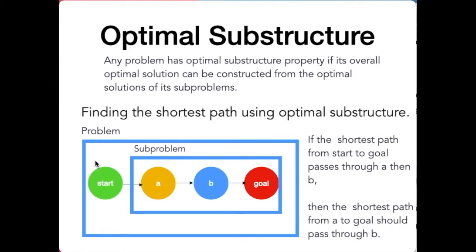And if the shortest path is start, then A, then B, then goal, and we change the problem to from A to goal only, you can see that the shortest path from A to goal is a subset of the shortest path from start to goal. So the optimal solution for the smaller instance is used to get the optimal solution for the larger instance. And not all problems have this property.